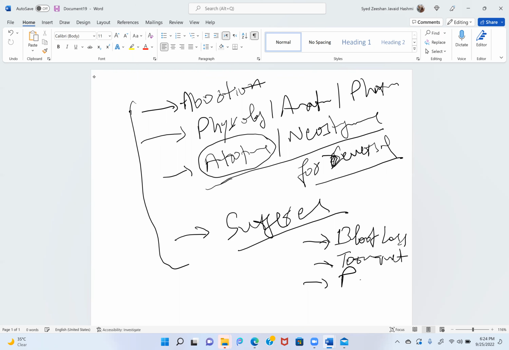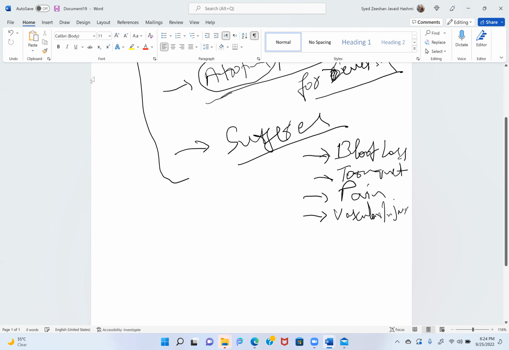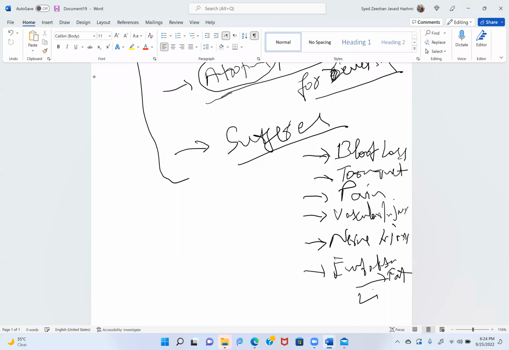Okay. Pain. Vascular injury, nerve injury. We are not talking only about upper limb: embolism, either fat embolism or thromboembolism. Okay. Anything else?